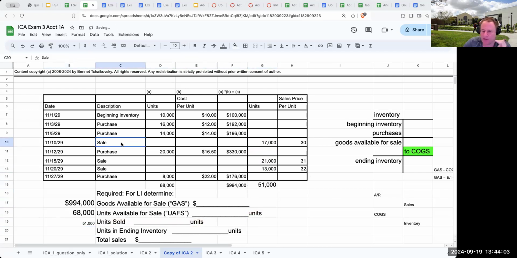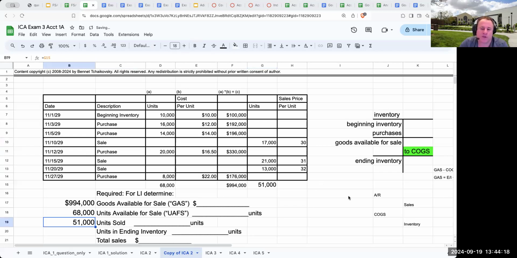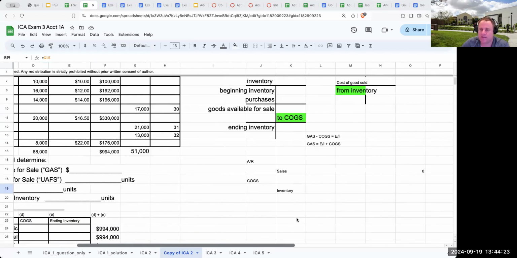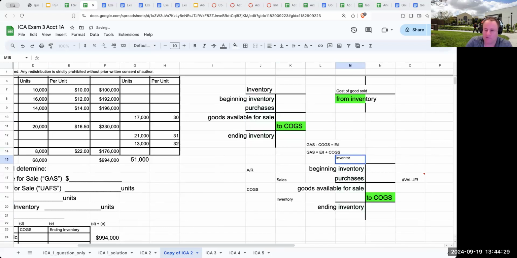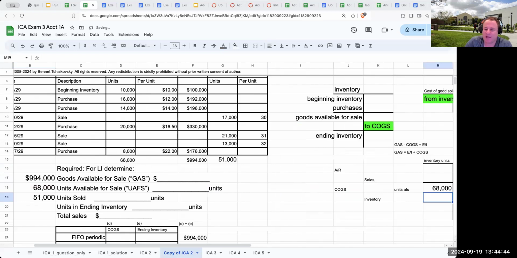How do I know I sold them? Well, I sold 17,000 units on November 10th, and on November 15th and November 20th I sold 21,000 and 13,000 respectively. So in all these cases, I have a total of 51,000 units sold. Now, if we look at this in terms of units, my units available for sale were 68,000.